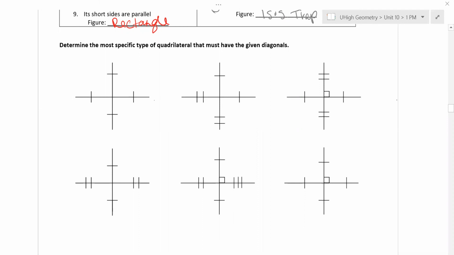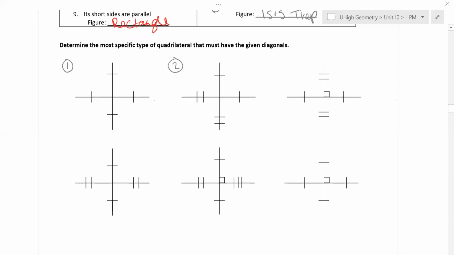So what parts are congruent? Are they perpendicular? What do we know? So I'm going to just call them the top row 1, 2, 3, bottom row 4, 5, 6. Just so that we are all on the same page here.